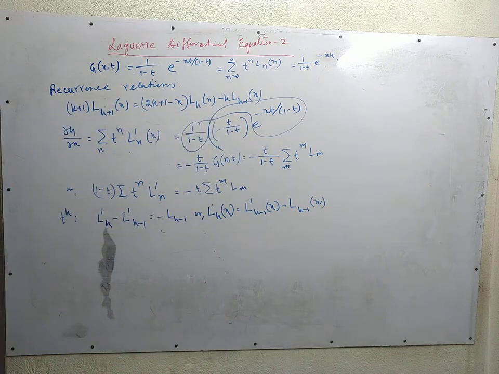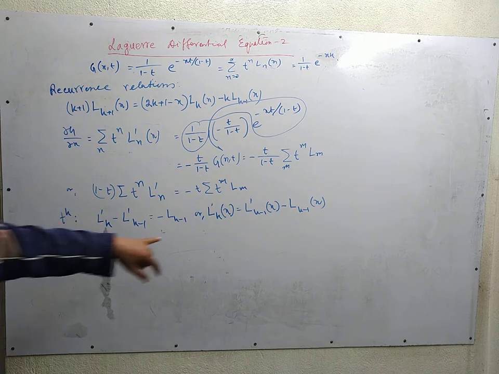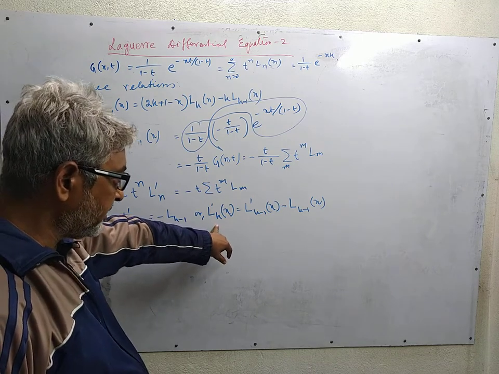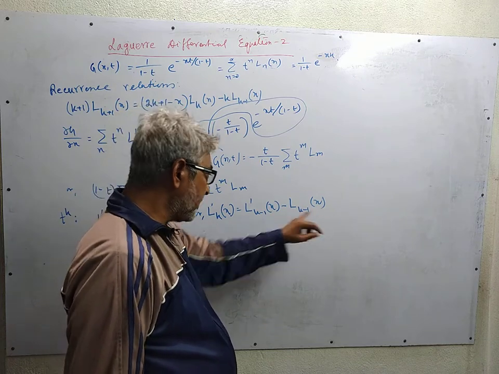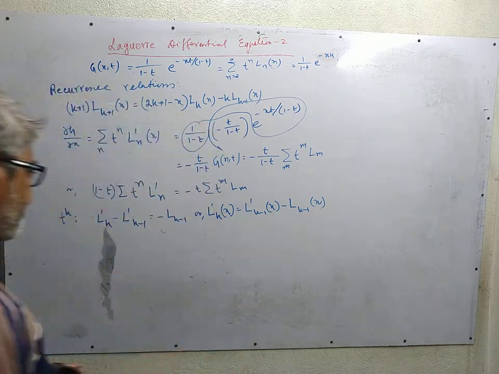This gives you the derivative of a particular order of Laguerre polynomial in terms of the Laguerre polynomial of a lower order and its derivative.